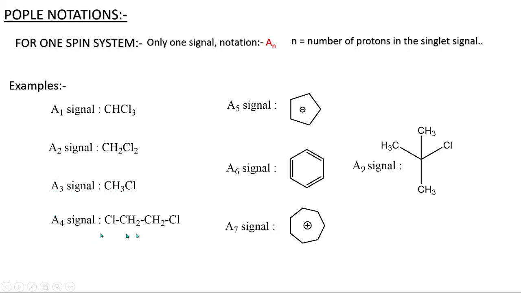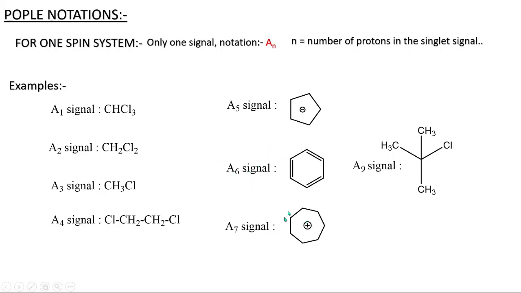For this A4, we have a 4 hydrogen singlet, that's why A4. And for this A5, we have 5 hydrogens and all hydrogens are equivalent, that's why we will get a 5 hydrogen singlet, so the Pople notation will be A5. In the benzene ring, all hydrogens are also equivalent, so we will get a 6 hydrogen singlet, so the Pople notation will be A6.